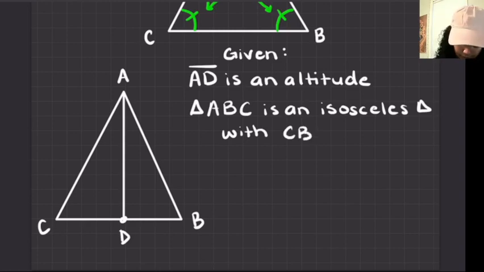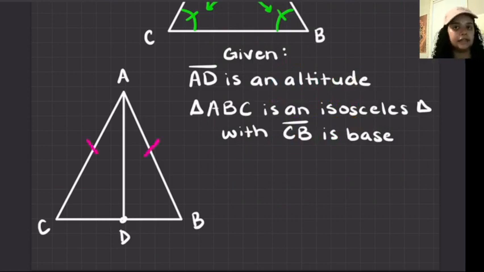So CB is the base, which means that segment at the bottom, right here, is the base. That's the side that is not congruent, okay? You can think of the base as basically what's holding the triangle up, I guess, but not really. Just think of it as the side that isn't congruent, okay? So that means AB and AC will be congruent, okay?